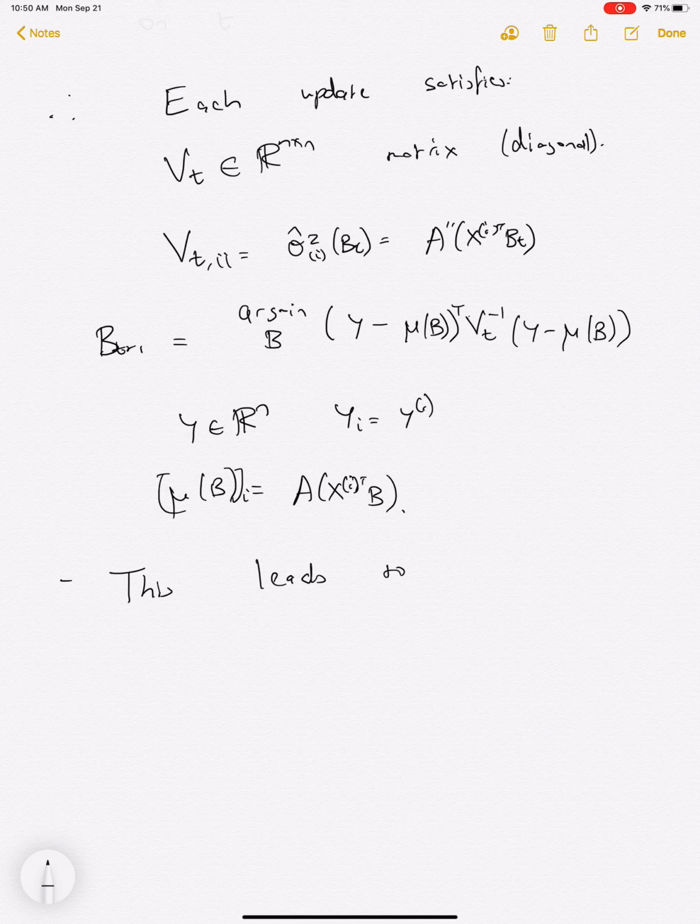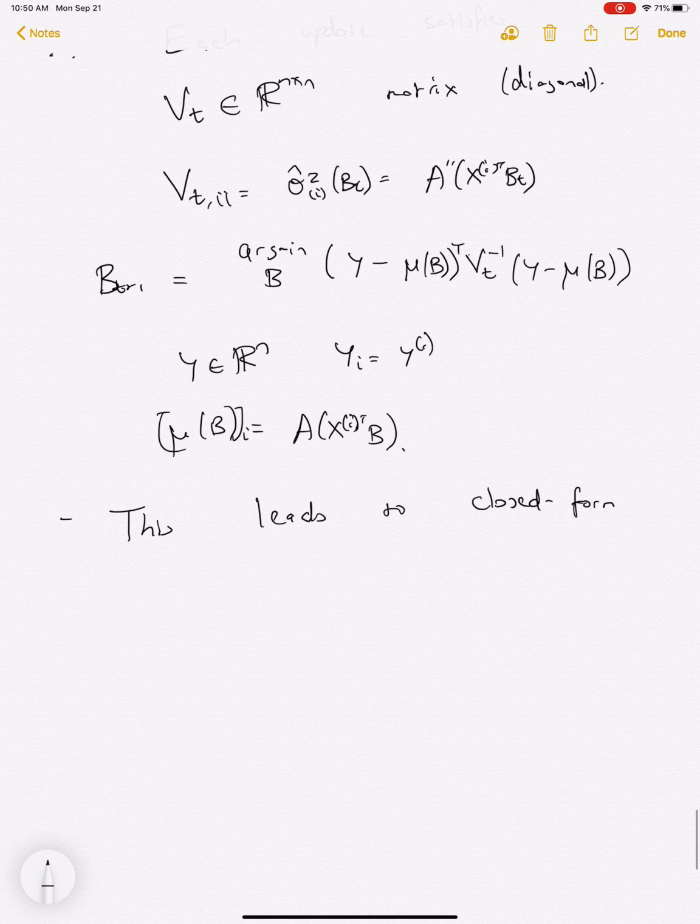This leads to a closed form. I'm not going to go into the details, but doing a change of variable allows you to find a closed form for b_(t+1) at each iteration.